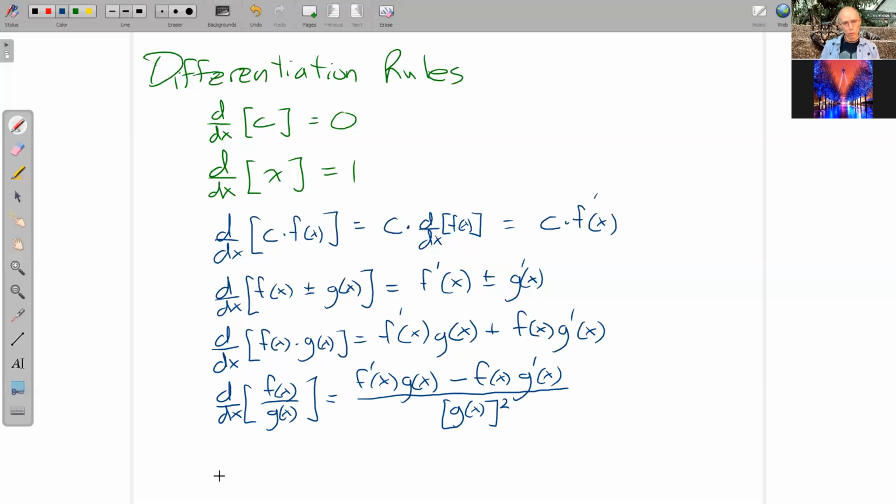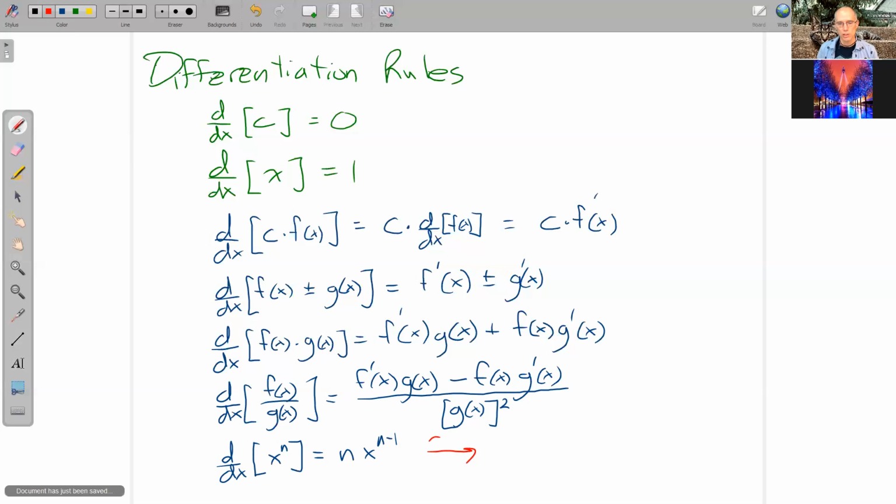We have the power rule, which originally looked like this. But now I'm going to state a new version of this, the chain rule version.